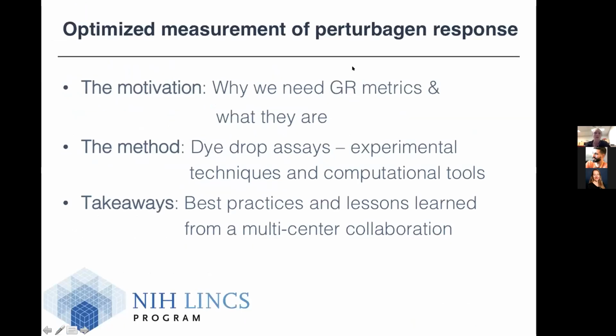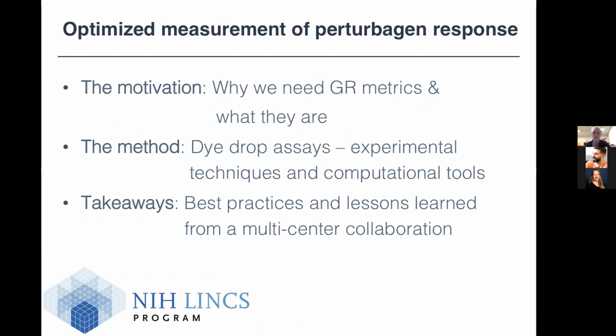So what I'm hoping to cover today is quite ambitious, but it's outlined on this slide. I'd like to talk about the optimized measurement of perturbagen response. I'm going to walk you through the motivation, essentially why we need GR metrics, as well as what they are. Then the methods that we use to collect dose response data typically in our LINCS center, and these are DyeDrop assays.